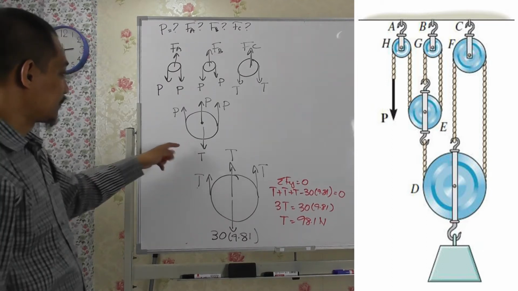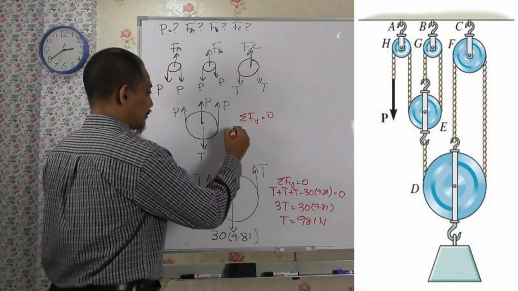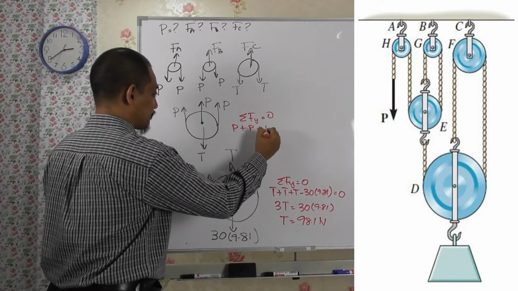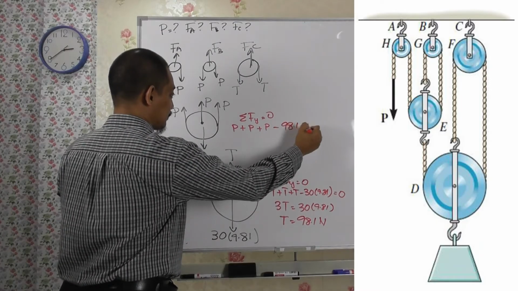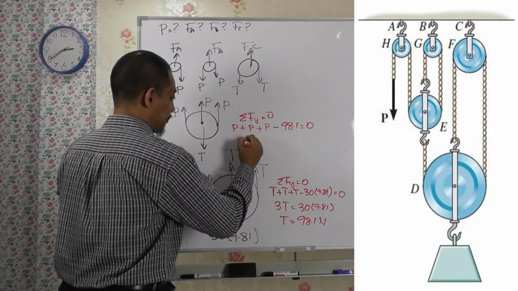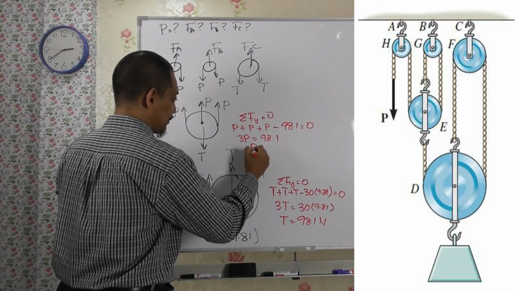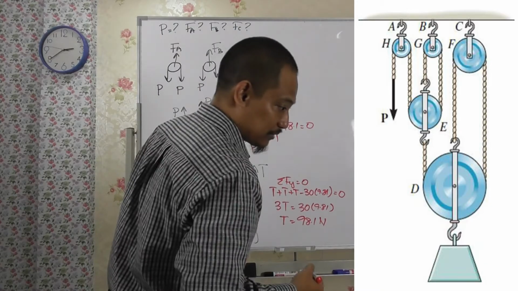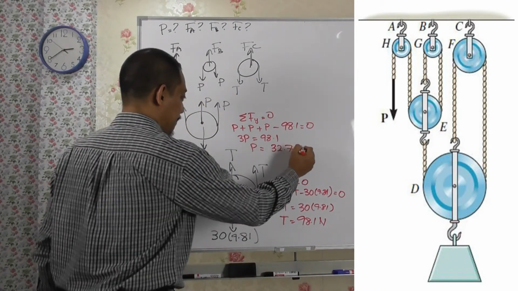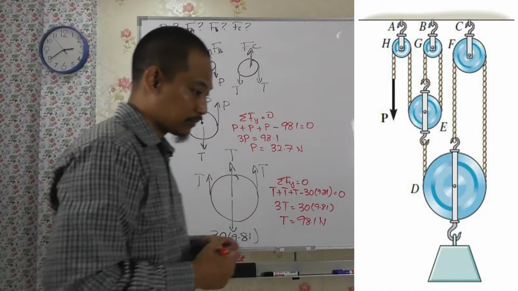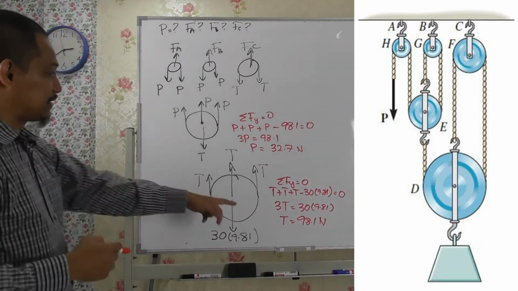So summation of Fy here, then you have P plus P plus P minus T, which is 98.1, equal to 0. So 3P is 98.1. P, if you divide it by 3, is 32.7 Newton, right? So now you already know what T and P are.